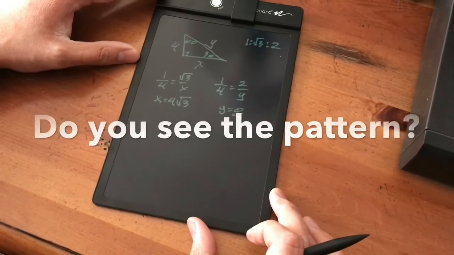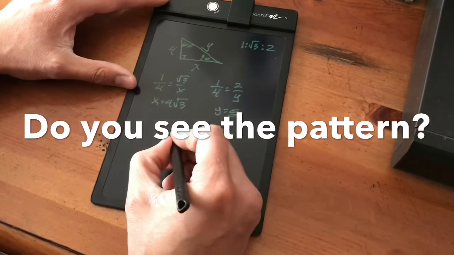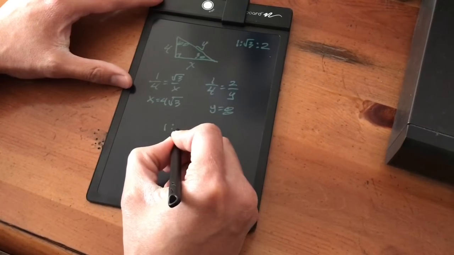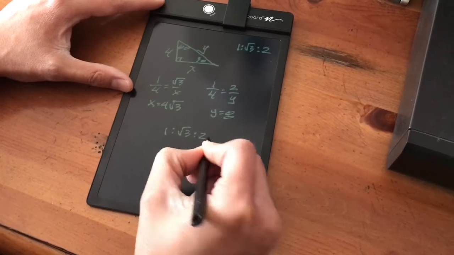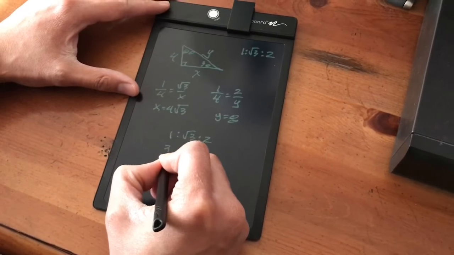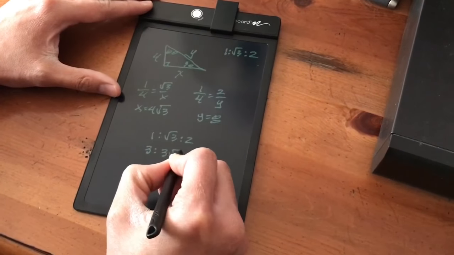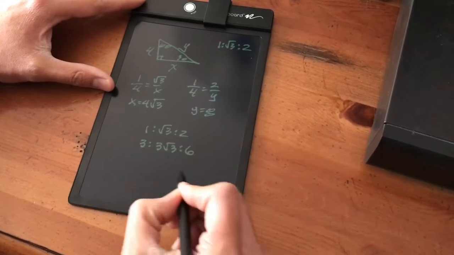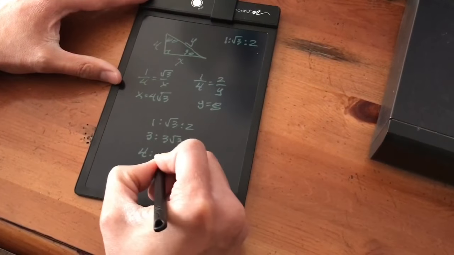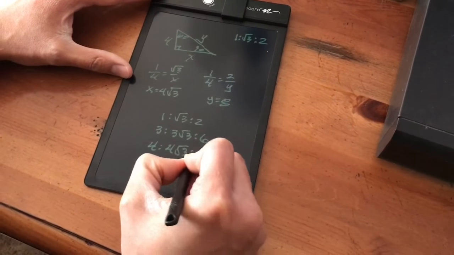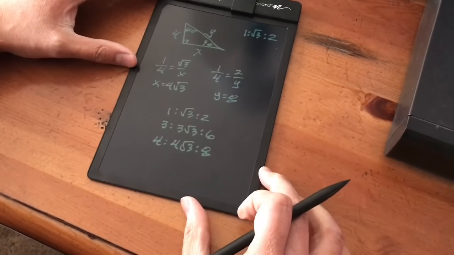So do you see the pattern? If not, let me write down all the ratios. So we get 1 to root 3 to 2, 3 to 3 root 3 to 6, and 4 to 4 root 3 to 8.